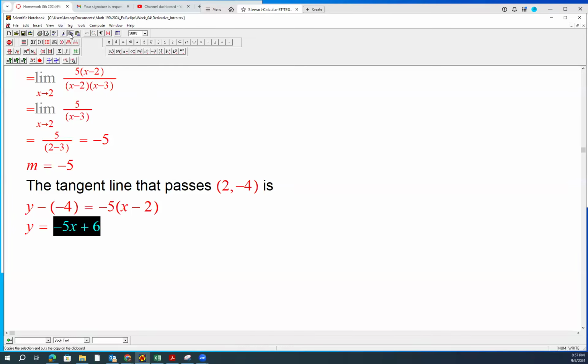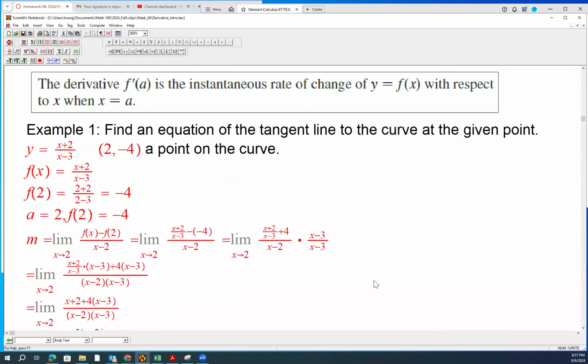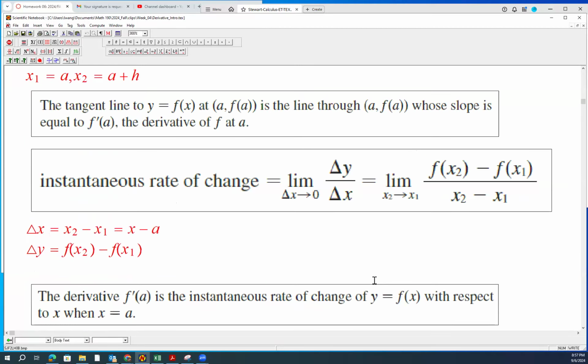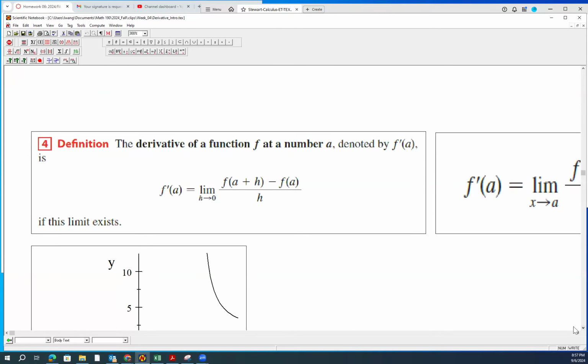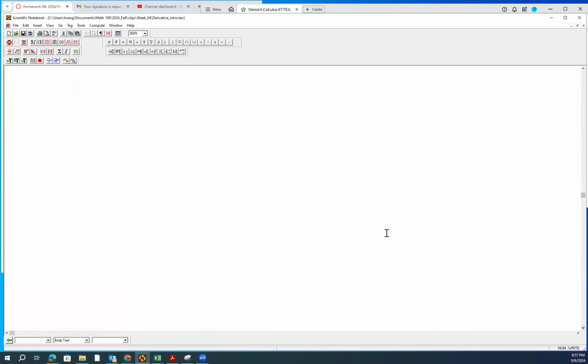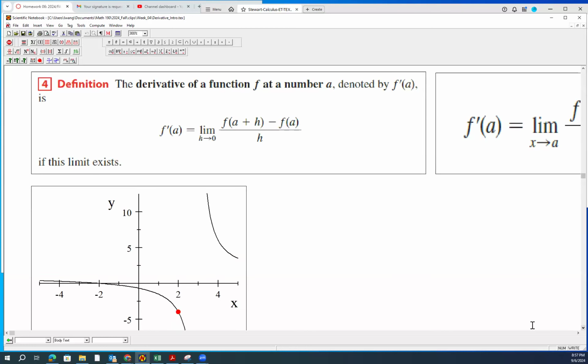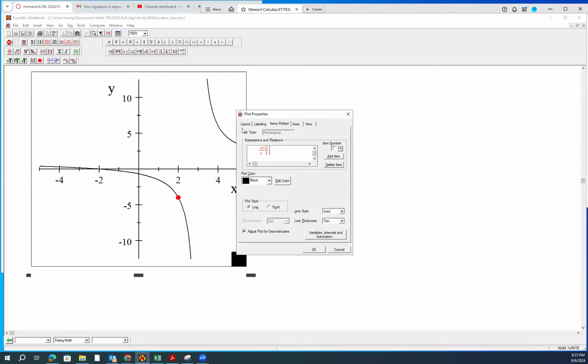Let's put this tangent line in the picture to see if it makes a tangent line. Okay, so we're going to do tangent line. We're going to use what color?